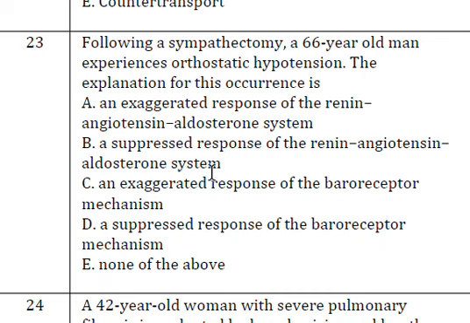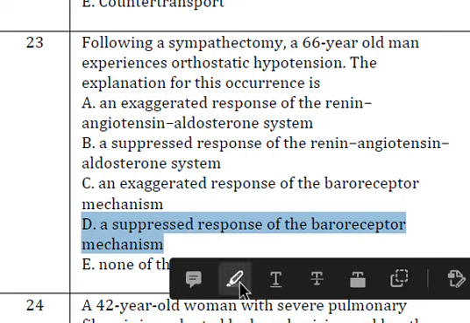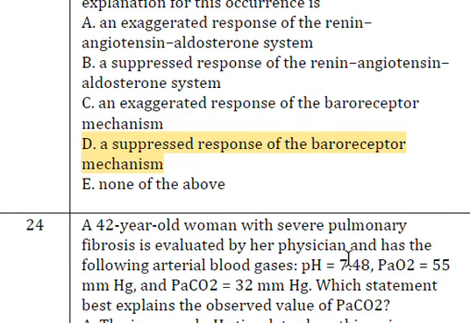B. A suppressed response of the renin-angiotensin-aldosterone system. C. An exaggerated response of the baroreceptor mechanism. D. A suppressed response of the baroreceptor mechanism. E. None of the above. And the answer is D. A suppressed response of the baroreceptor mechanism.